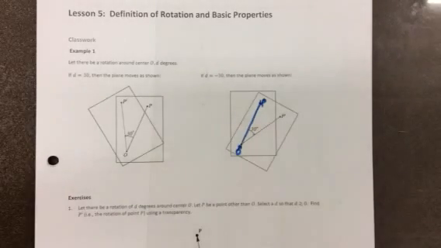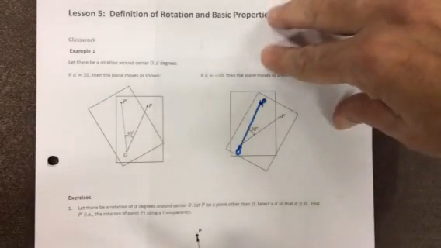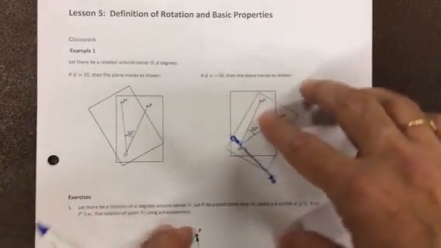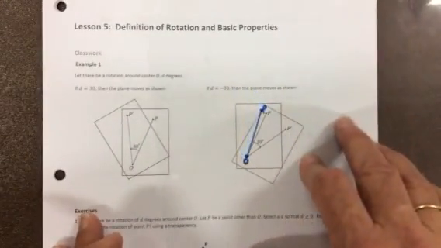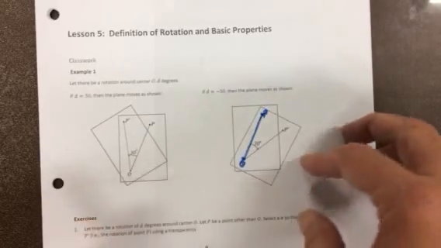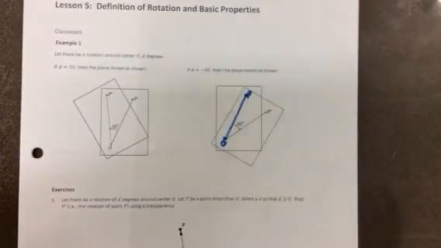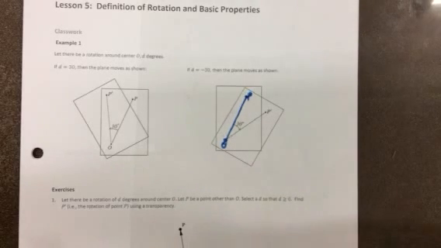So the maximum rotation would be 360, and then I could do the same thing in the negative direction. Can go all the way around and end up back at my starting point would be negative 360. Okay, so your degree of rotation is going to be somewhere between negative 360 and positive 360.